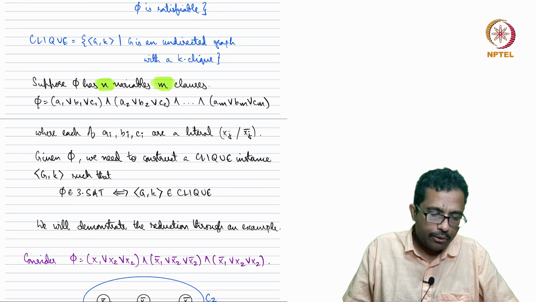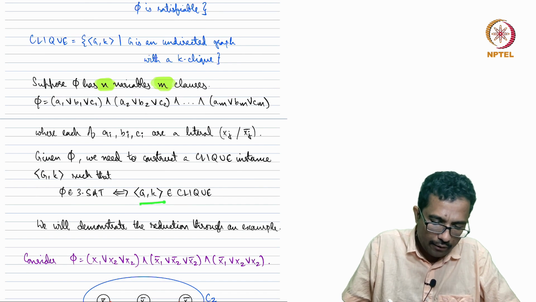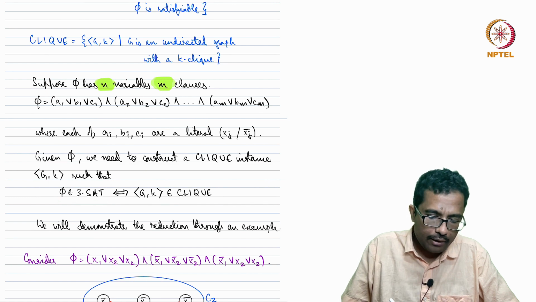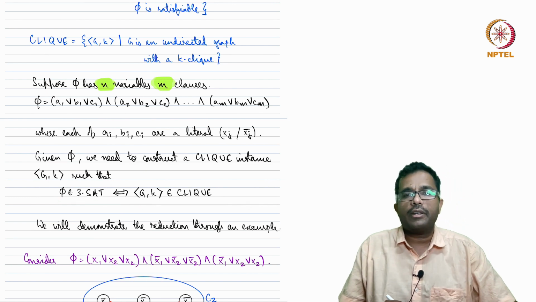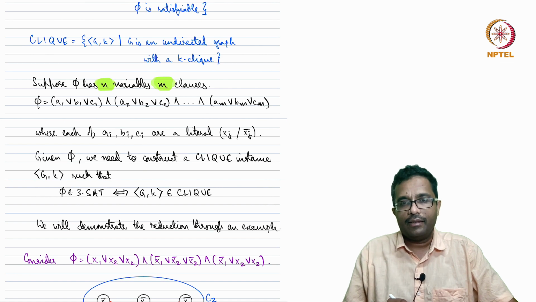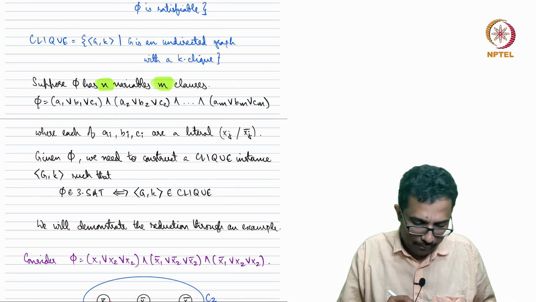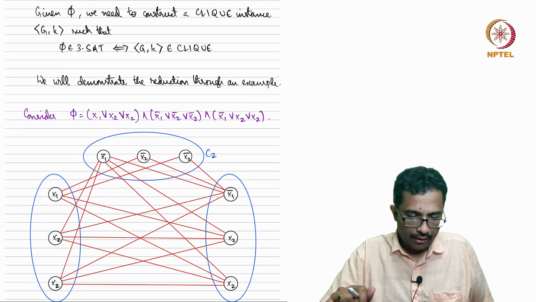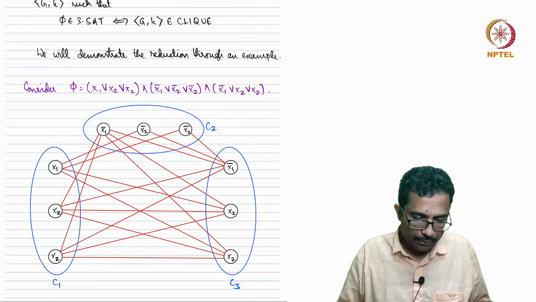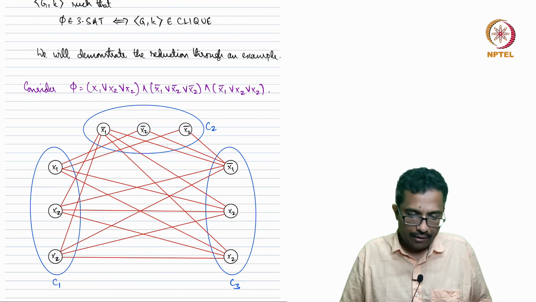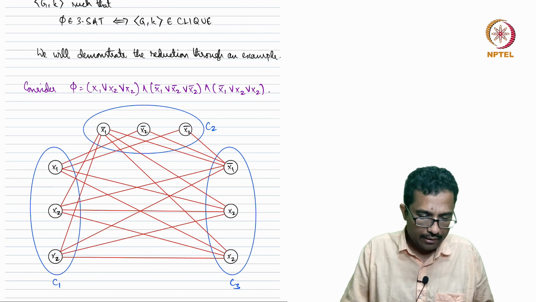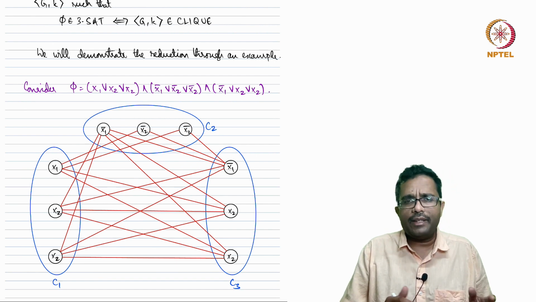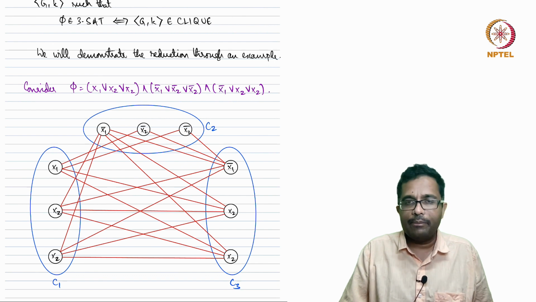So given this, we need to construct an output of the form (G, K) such that this formula is satisfiable if and only if this (G, K) is a yes instance of clique, or in other words, G has a K-clique, right? It's easiest to explain this reduction through an example. Since I want to draw the picture and explain this example, I am going to resort to a very simplistic kind of formula, but it should be very easy to see how we can deal with a bigger formula as well.